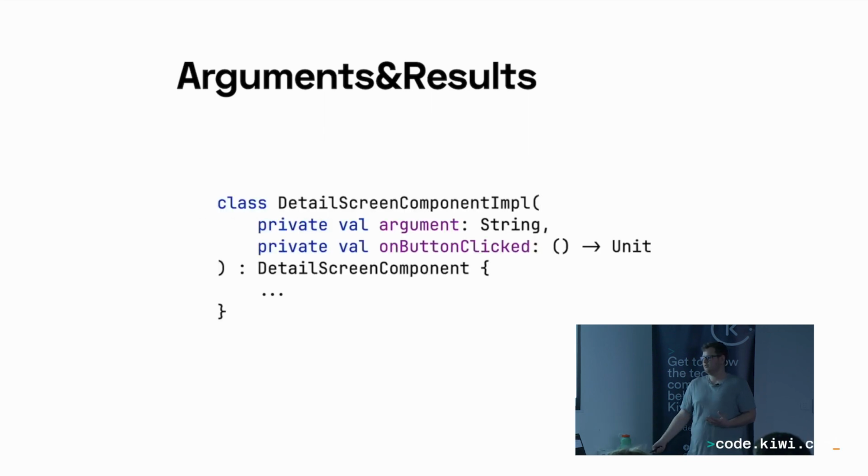When you create your component, it is just a class in which you have your logic. And you have full control over the creation process of this class. So you can just pass your arguments in the constructor, and also you can pass some lambdas to be called when the user performs some action, and you want to let the parent component know what happened.